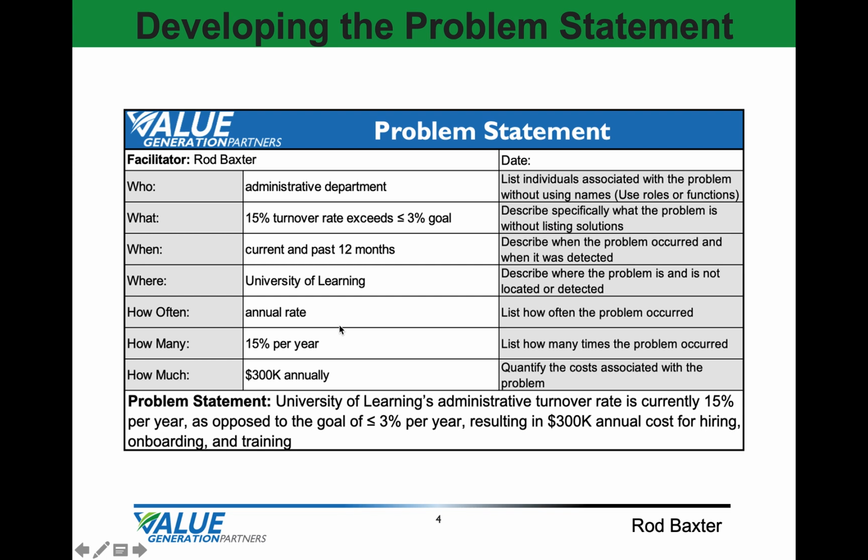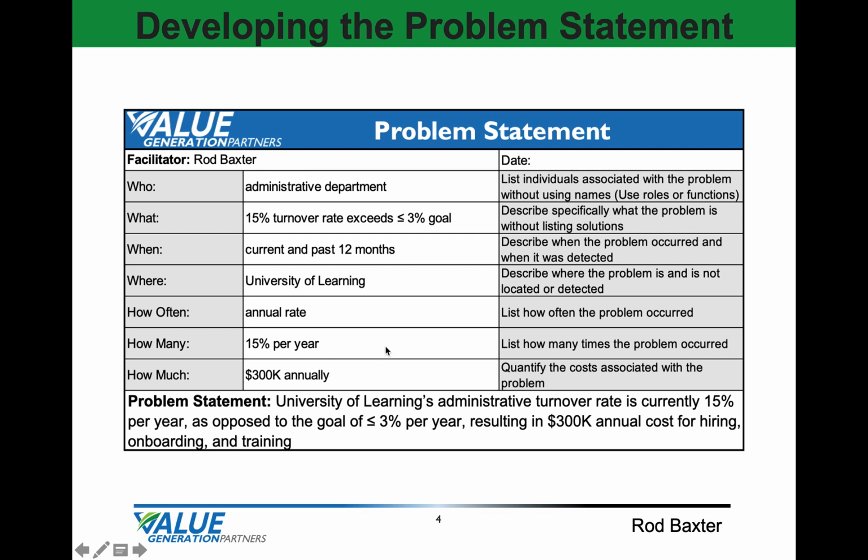How often the problem has occurred. It's an annual rate. How many times the problem occurred. 15% turnover rate per year. And quantify the cost. It's a $300,000 annual cost to the University of Learning for this turnover rate of 15%.